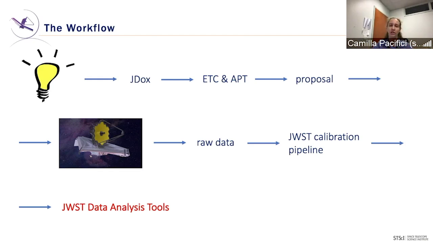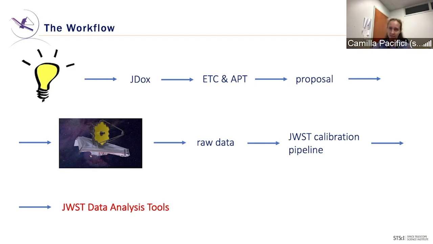Then you can go to the exposure time calculator and the Astronomer's Proposal Tool, where you can craft your observations, you write the science of the proposal, then JWST flies, you get the raw data, and they are run automatically through the JWST calibration pipeline, but you can also rerun that.